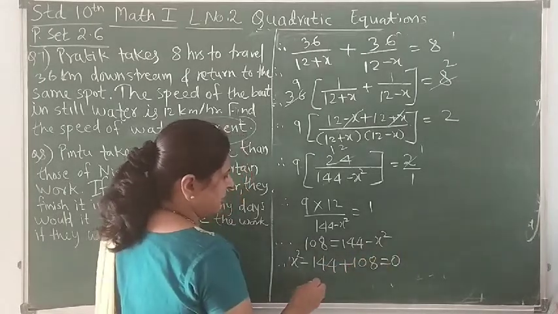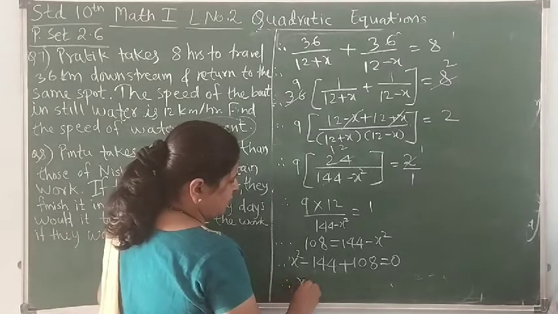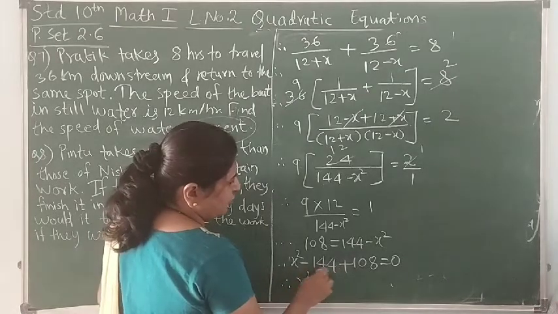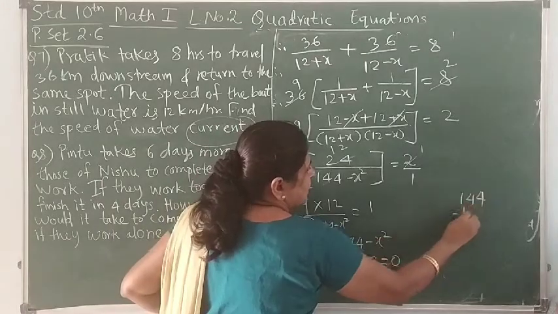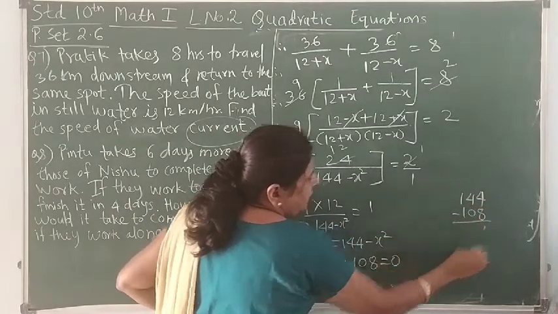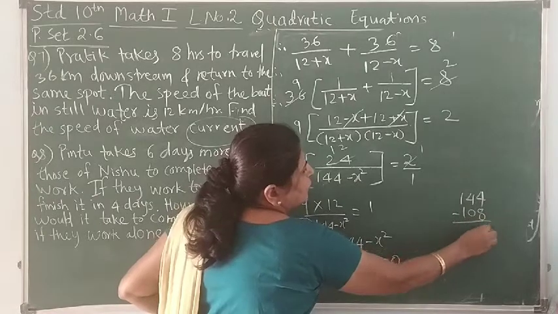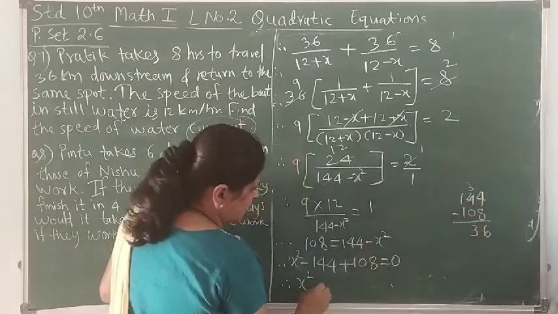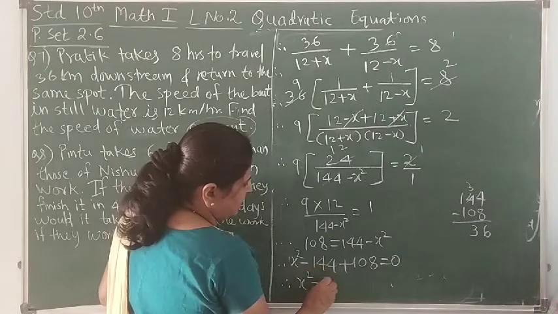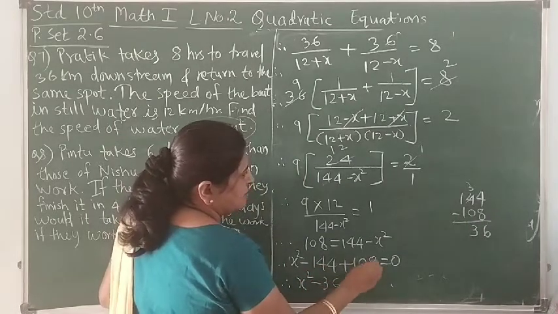It doesn't matter if there is no x term. Therefore x squared. Now the signs are different, so you have to do subtraction. Bigger is 144. We take it first, and from that subtract 108. So 14 minus 8 is 6, then 3 minus 0 is 3. 36. And the sign of the bigger number, that's minus 36, is equal to 0.